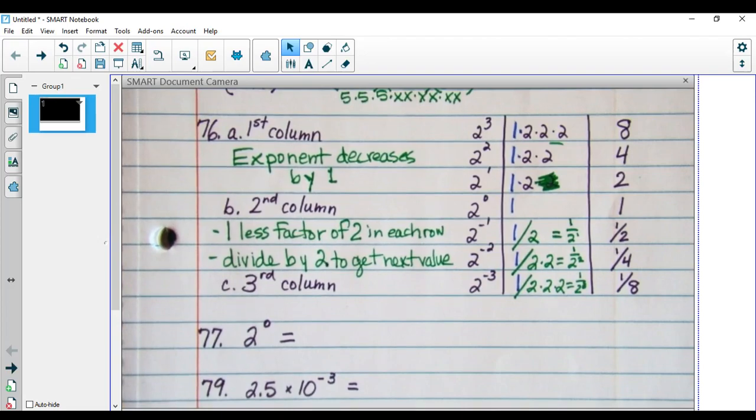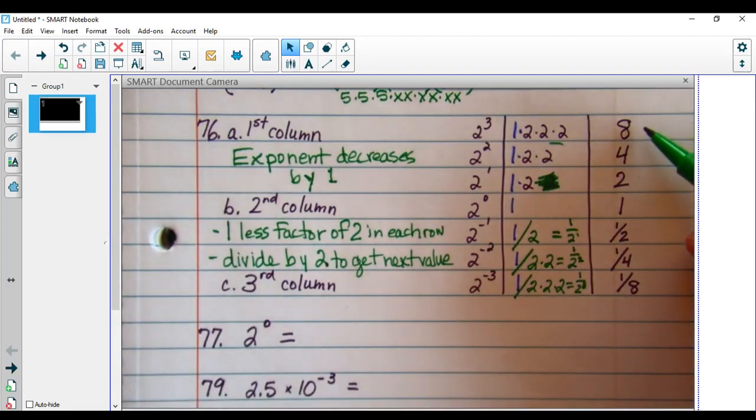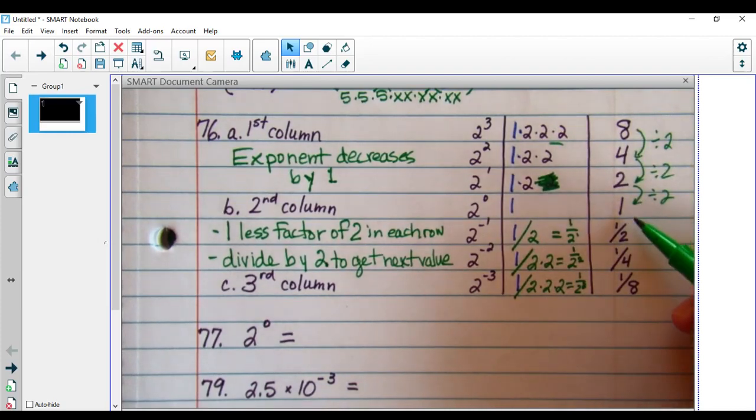And when you go to the third column, to get from one number to the next, we are always dividing by 2. 8 divided by 2 is 4. 4 divided by 2 is 2. 2 divided by 2 is 1. 1 divided by 2 is 1/2. 1/2 divided by 2 is 1/4. 1/4 divided by 2 is 1/8.